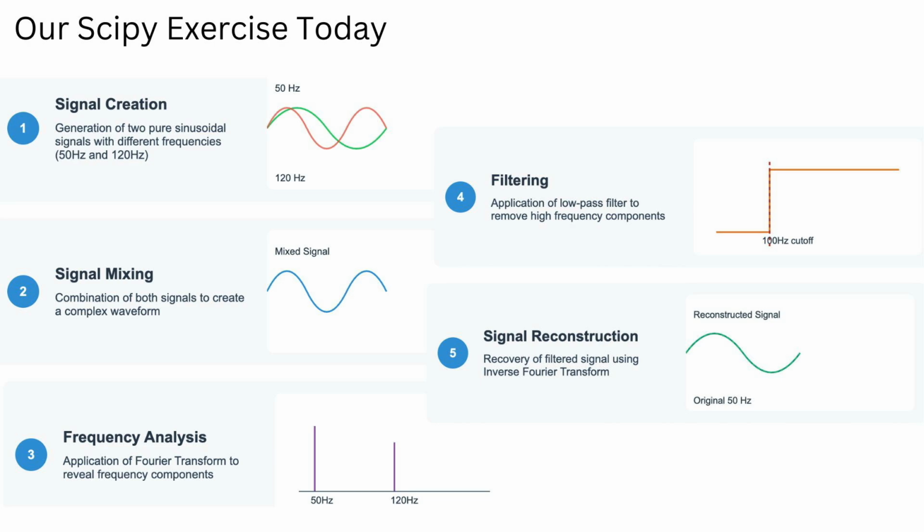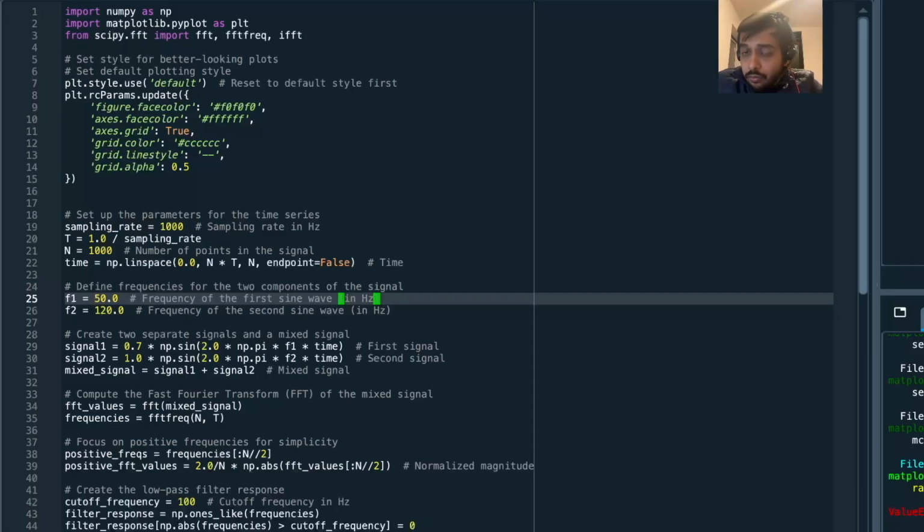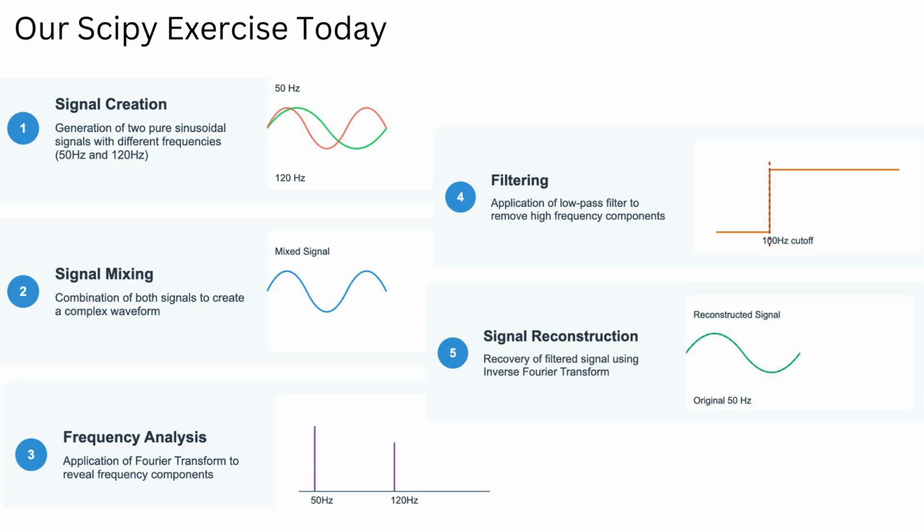Then we will implement a low pass filter, which means we will remove the higher frequency components from our frequency response and try to reconstruct our original signal, which should contain only the first signal without signal 2, because it is supposed to be removed by our low pass filter. So it's the implementation of frequency selective filtering. We will see after we compute the inverse Fourier transform whether we get back our reconstructed signal.